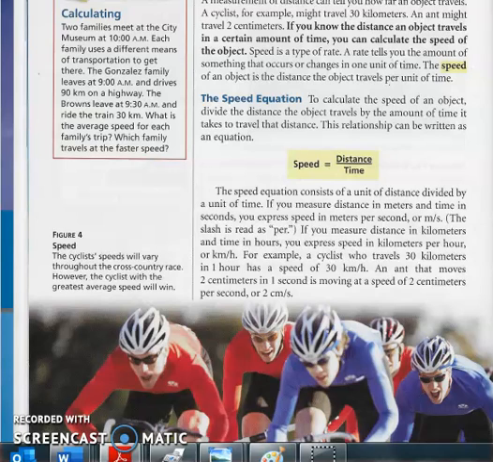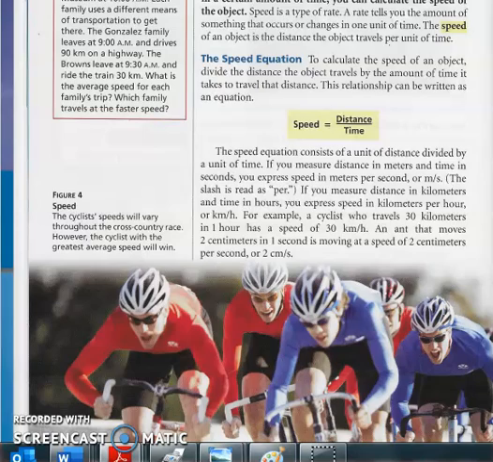If you measure distance in kilometers and time in hours, you express speed in kilometers per hour, or km/h. For example, a cyclist who travels 30 kilometers in 1 hour has a speed of 30 kilometers per hour. An ant that moves 2 centimeters in 1 second is moving at a speed of 2 centimeters per second, or 2 cm/s.